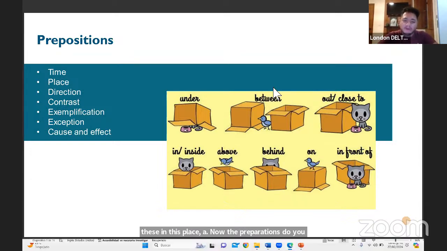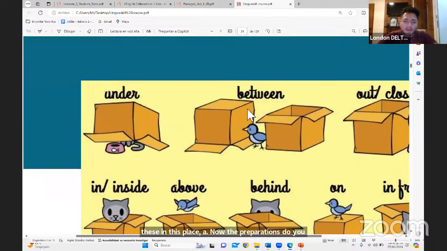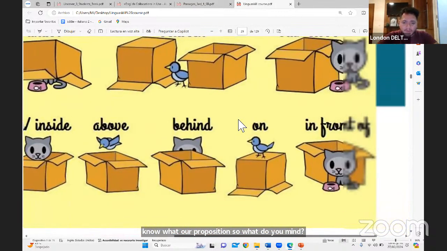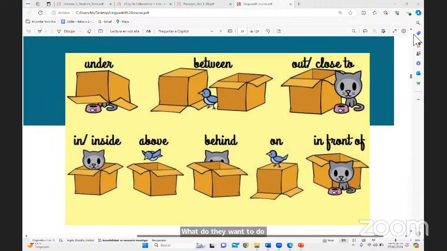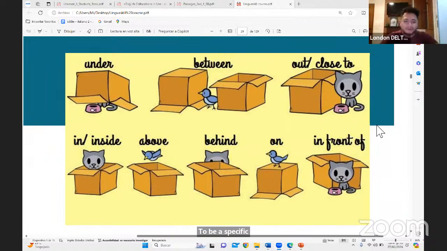Or what do you imagine que sea la función de los prepositions? What do prepositions help to do in the sentences? What do they want to do? Describe the position of the noun in some place. To be specific. Good. Location.